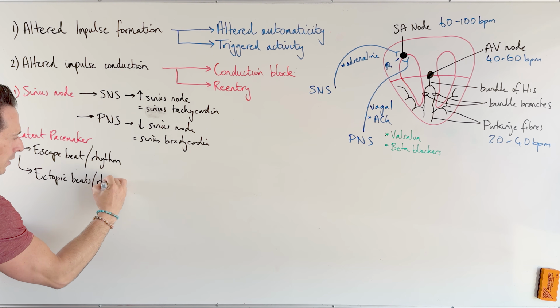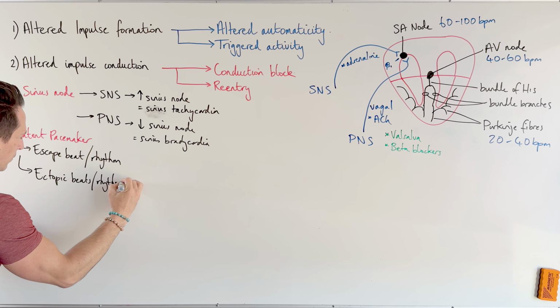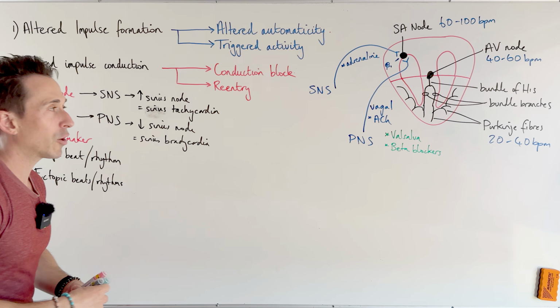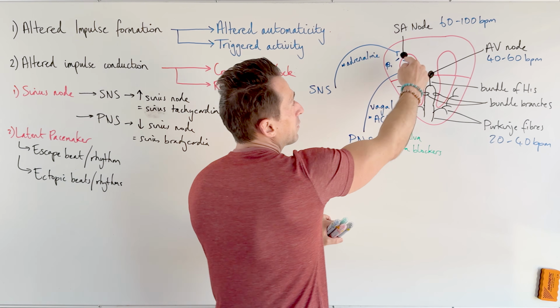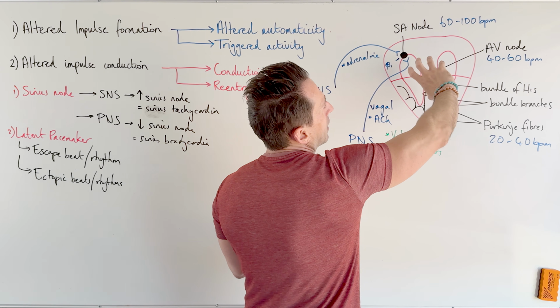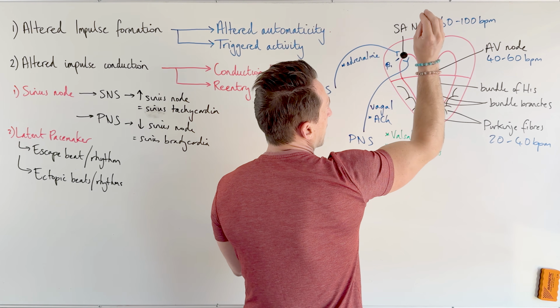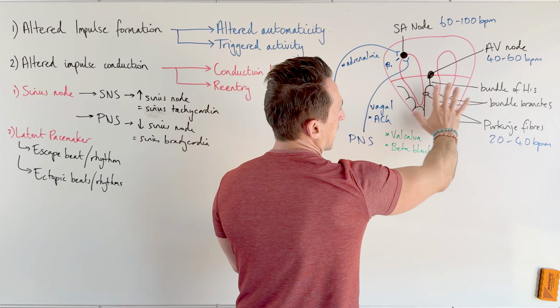And if they continue, they're called ectopic rhythms, right? And so this is still happening in the conduction network, and it can even happen in the cells of the SA node, the atria, the ventricles, and any of these.